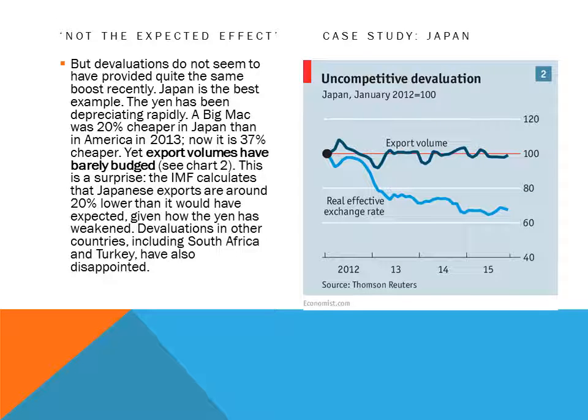And here's a case study of China, where their exchange rate index, just like the measurement that we have in the stimulus from America, has gone down between 2012 and 2015, but their exports haven't budged at all. And this non-effect of a depreciation, not the expected effect, as it says in the stimulus, is similar in various countries.